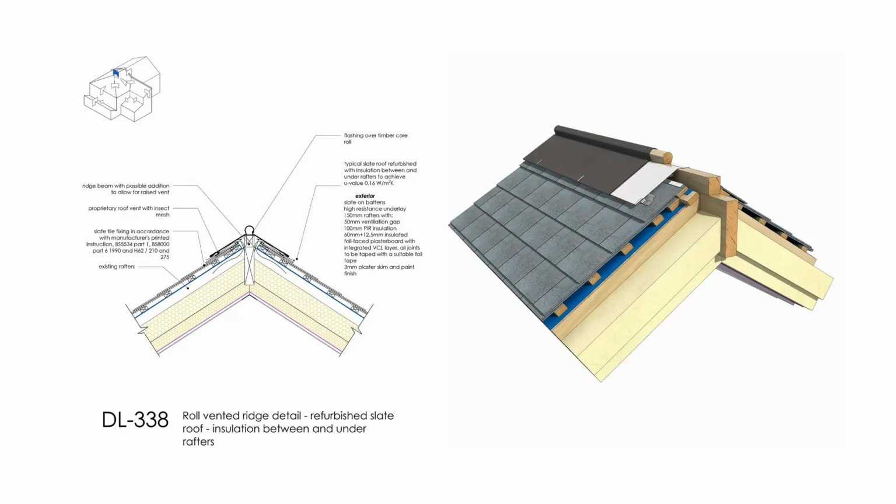The ventilation requirements at ridge level will depend on lots of different factors such as cold versus warm roof, roof span, the membrane that's been specified and type of roof covering. It's a tricky business. DL338 shows a roll-vented ridge detail for a refurbished slate roof with insulation between and under the rafters.